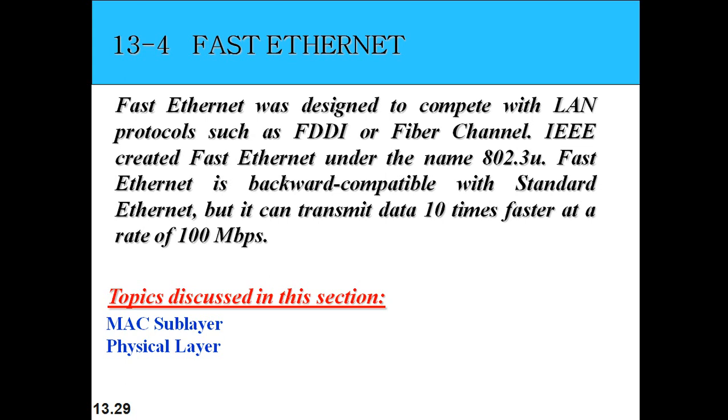In standard Ethernet, we can achieve a data rate up to 10 Mbps, and in fast Ethernet, we can achieve 100 Mbps. For that purpose, we didn't change the MAC sublayer. We simply are not using the bus topology.